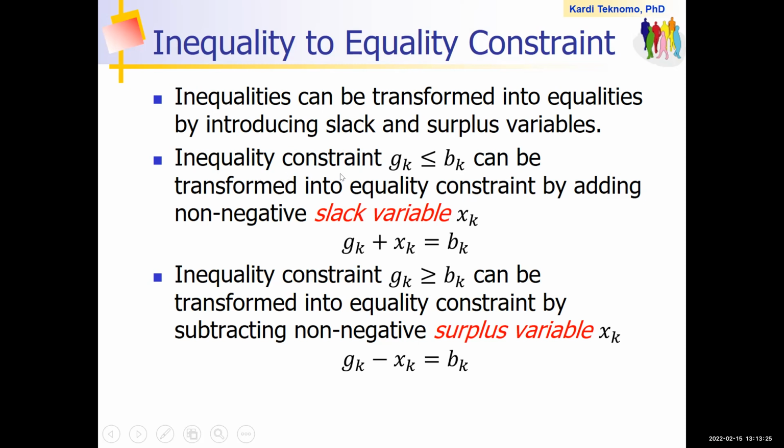So if your inequality constraint is actually g_k less than b_k, then you create what is called slack variable. This slack variable x_k must be positive, or 0, so non-negative.